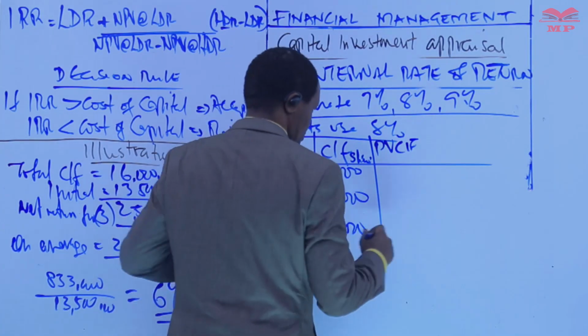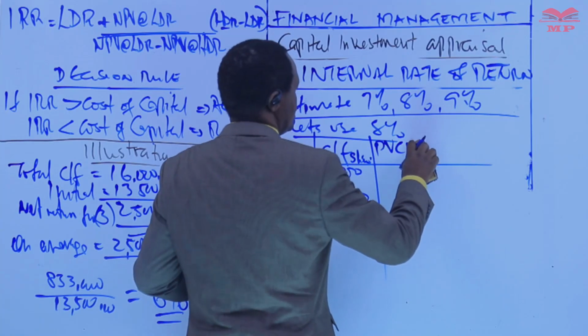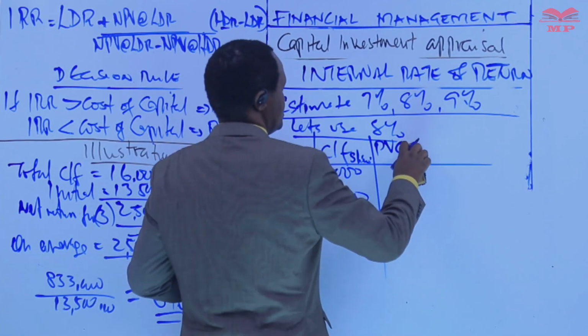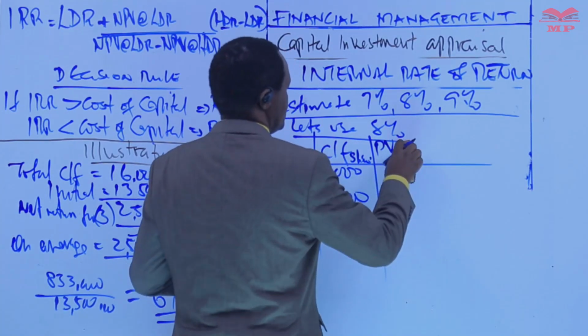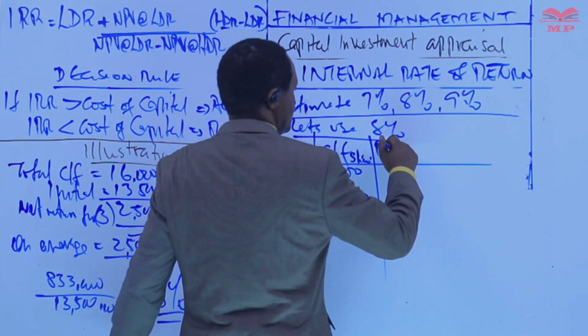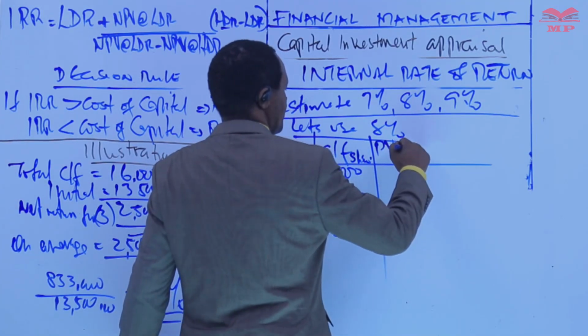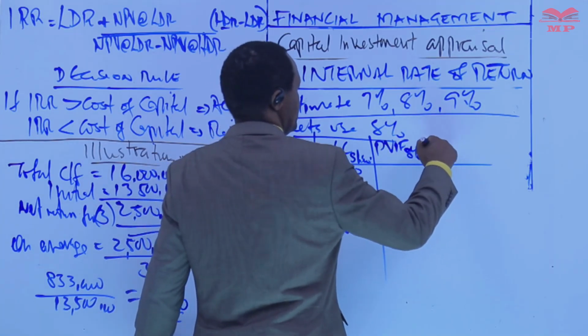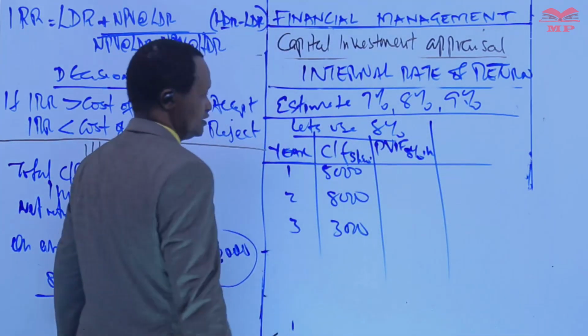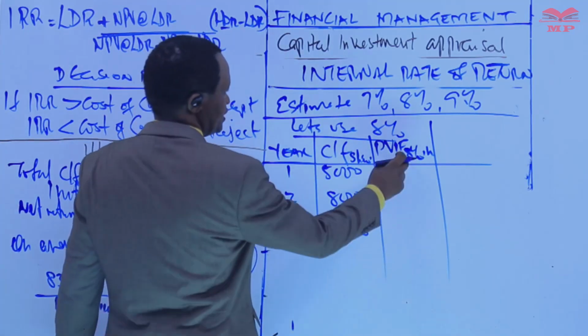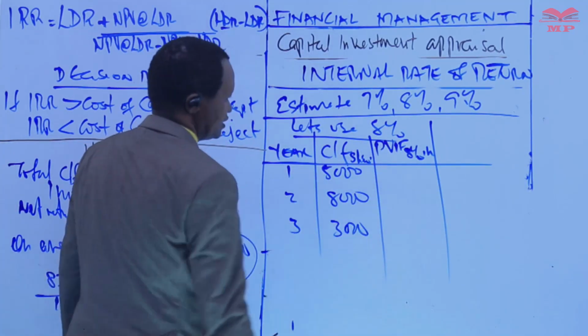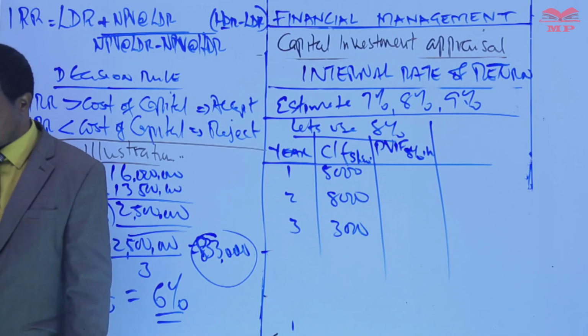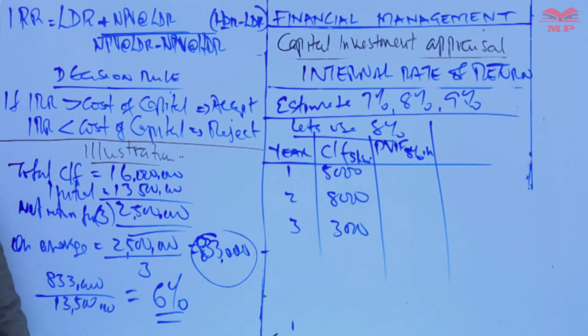This is the present value interest factor, 8%, 3 years. 8%, 1 year, what are the factors? 92.59.